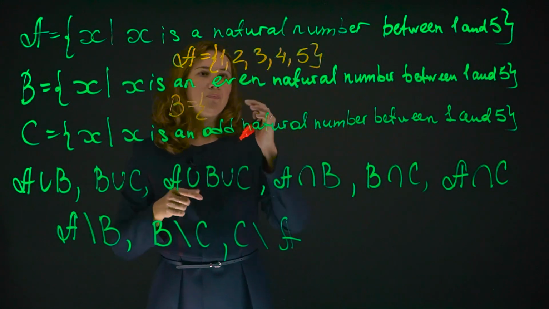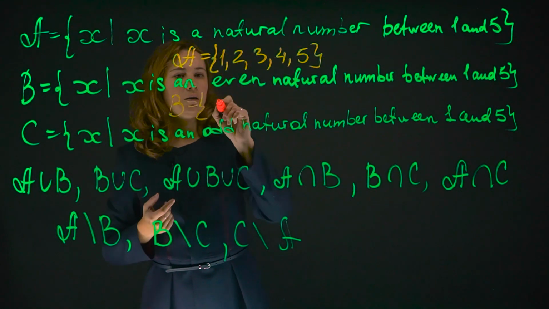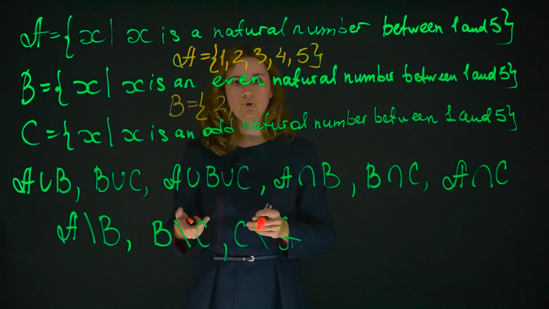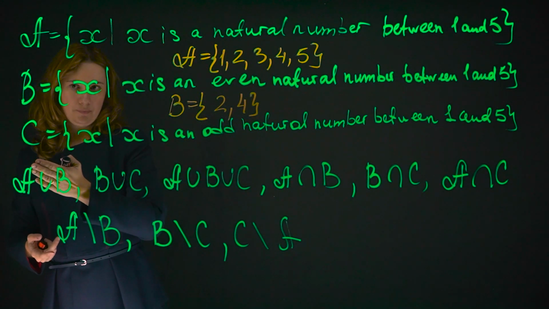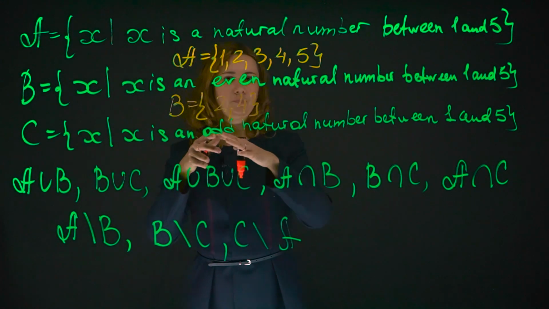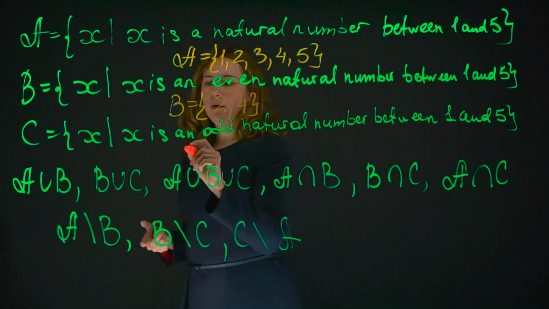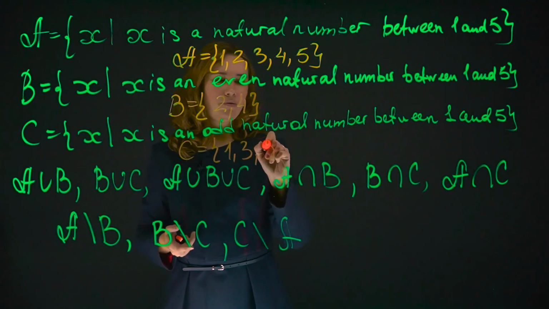We need to take only even natural numbers, and our B includes two elements, 2 and 4. For our set C, that is a set of odd natural numbers between 1 and 5, we have 1, 3, and 5, of course.